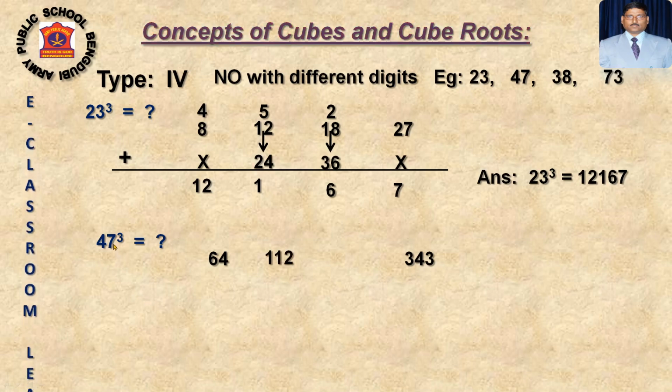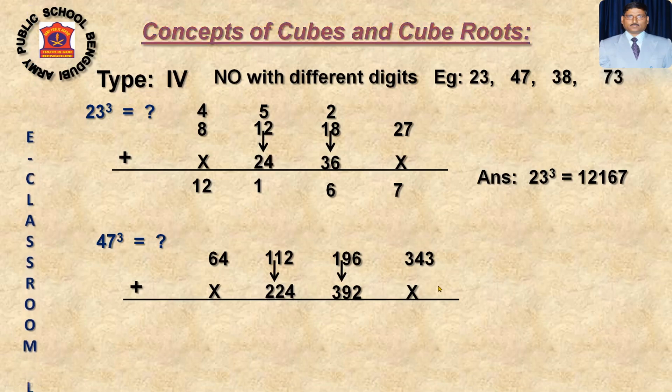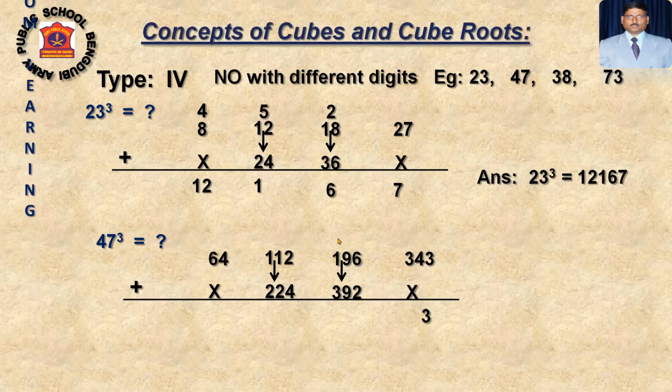And 7 square is 49. 49 into 4 is equal to what? 196. Leaving this 2 part, make it double as 224, 392. Add it, you will be getting this one. So only 3 will be here, 43 will be carried forwarded.